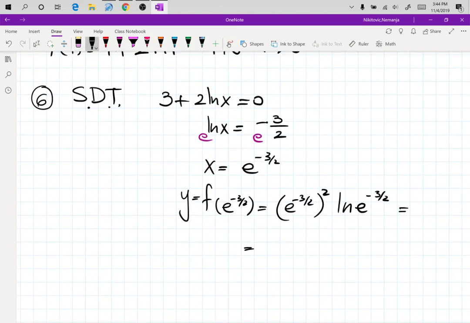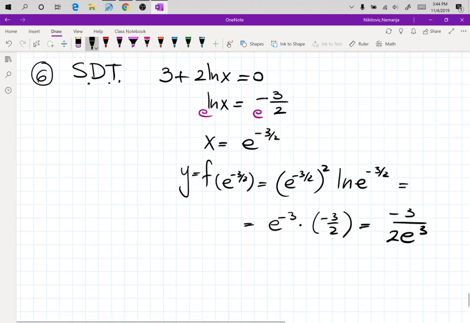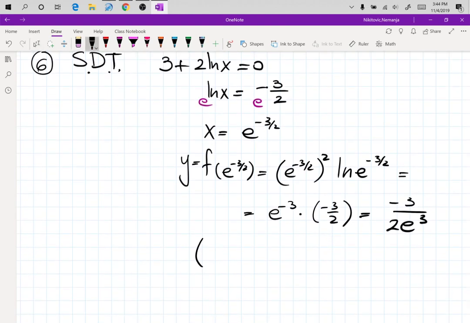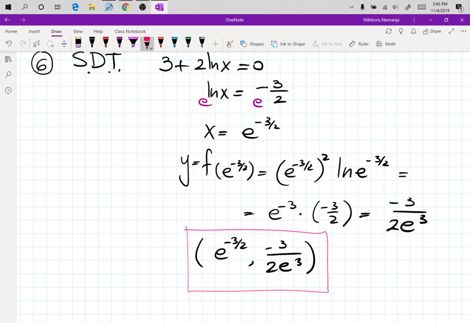The squaring will kill the half, so we have e to the negative 3, and ln will kill e, so you just have negative 3/2. So this is going to be negative 3 over 2e cubed. And that's our inflection point: e to the negative 3/2, comma, negative 3 over 2e cubed. That's a point to graph. Again, you'll get the decimals using the calculator.